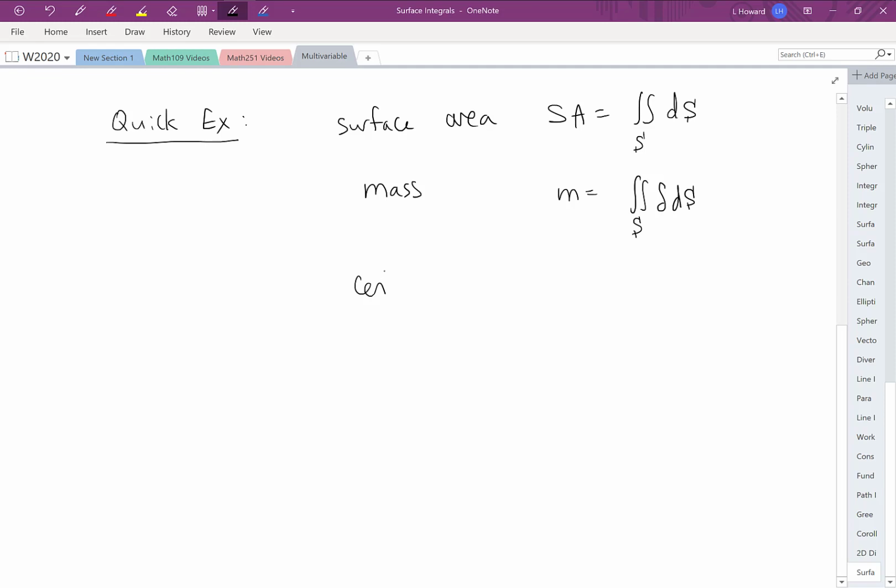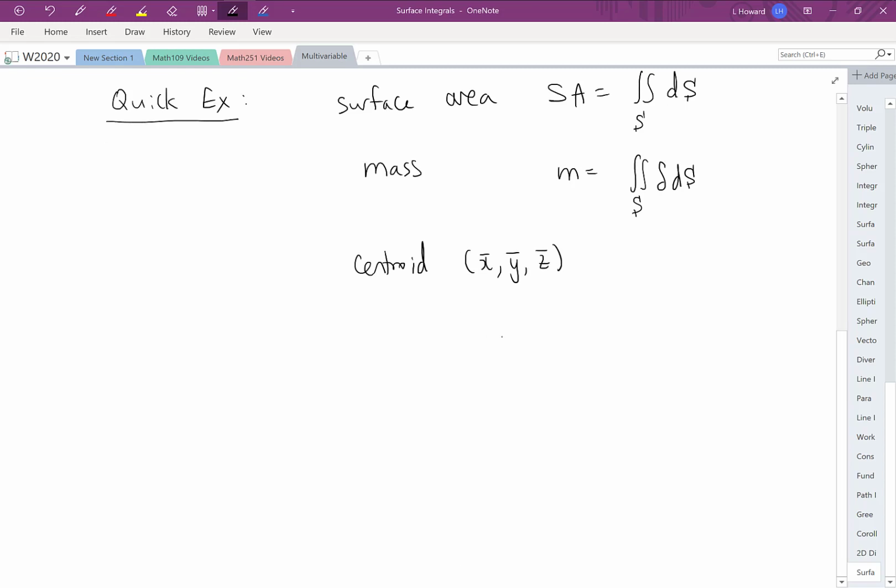We could talk about the centroid of our surface. In notation, we would call that x bar, y bar, z bar. For example, if we wanted x bar, we would say that's 1 over the mass of our surface times the double integral over our surface of x times the density times d capital S. We could also calculate the moment of inertia with respect to any of our three axes.